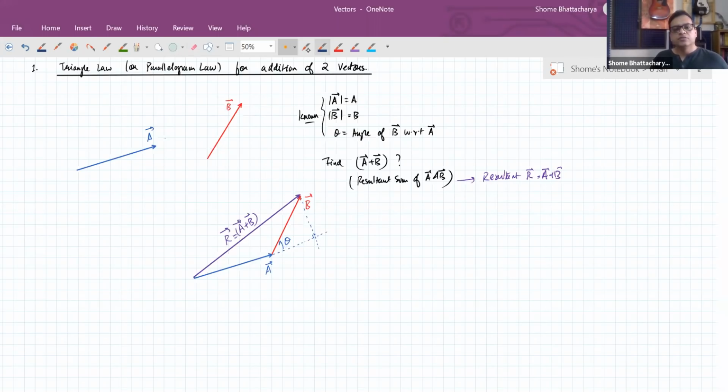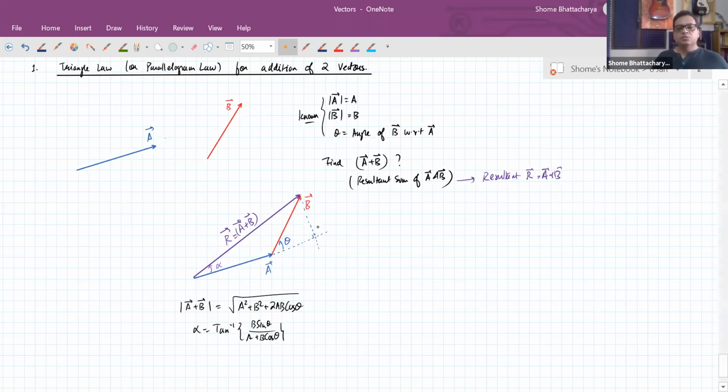The formula that we ultimately get by solving this triangle is that the magnitude of A plus B is given by square root of A square plus B square plus 2AB cos theta, and the angle that the resultant makes with respect to the vector A, say this angle is alpha, is given by the formula tan inverse of B sine theta upon A plus B cos theta.